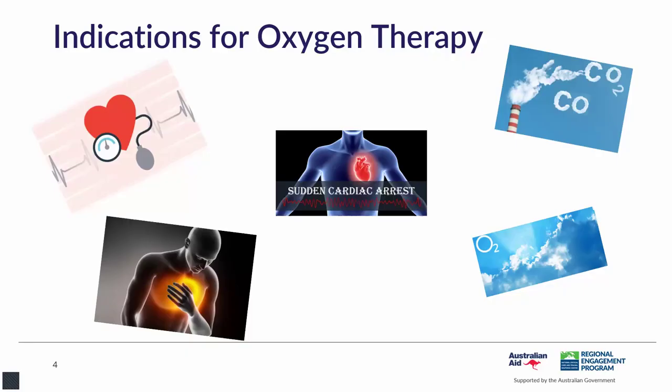Our type 2 respiratory failure are those patients with, I think a good example is our COPD patients, where we always see patients that not only have low oxygen levels, but they also have high carbon dioxide levels as well.